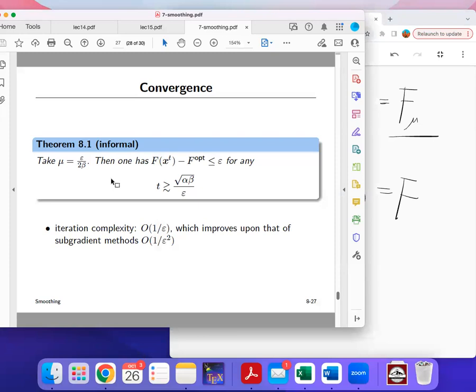Okay. So before we dive into the proof of this result, let's look at the implications of this convergence rate result. This result says that if your f is alpha beta smoothable, then we can choose to smooth it using this parameter mu. And then let's run accelerated gradient descent on the smooth problem for these many iterations.